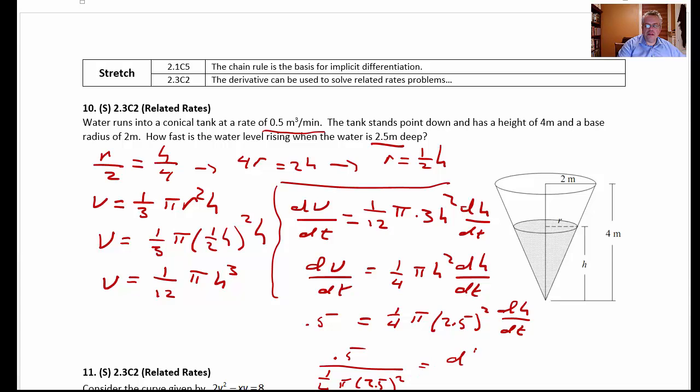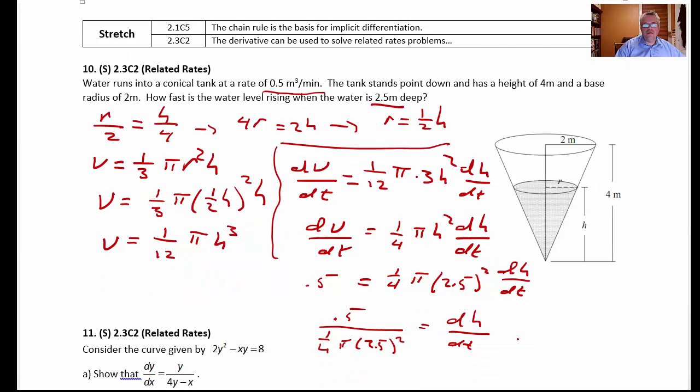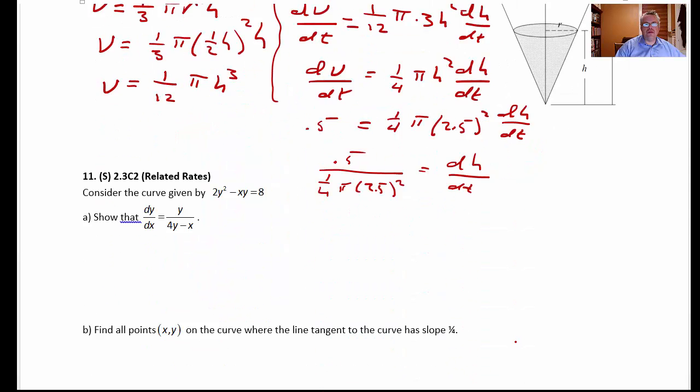And that would be, in this problem, meters per minute. You would just get some decimal when you do that, but I'm going to leave that for you. So the key is, for the cone problems, find a relationship between H and R using the similar triangles, substitute in for R, and that's the formula we use to take the derivative of.